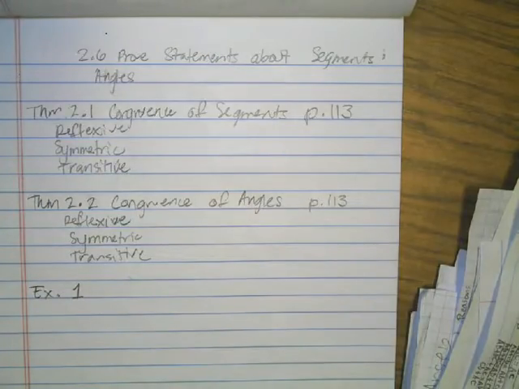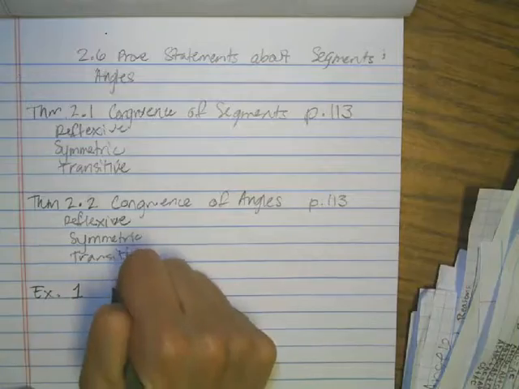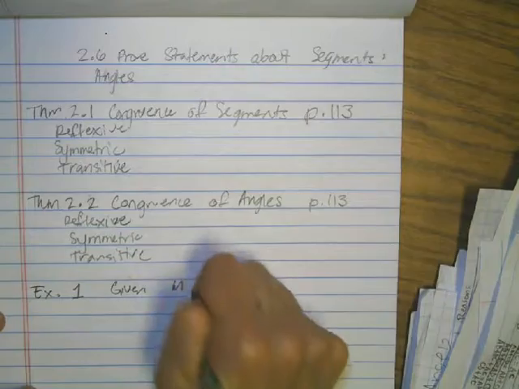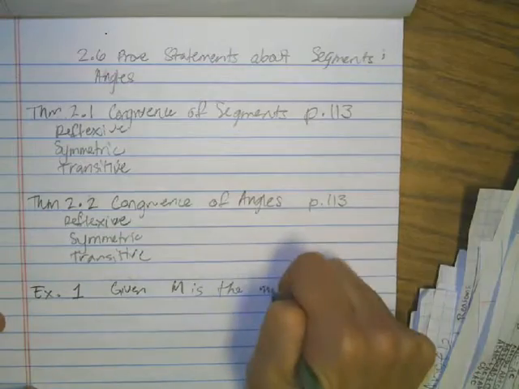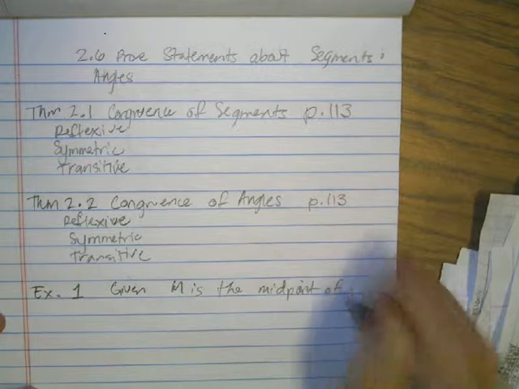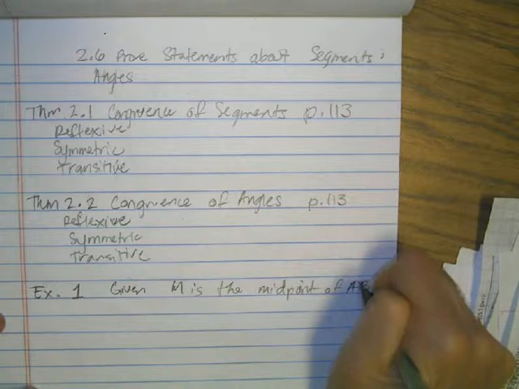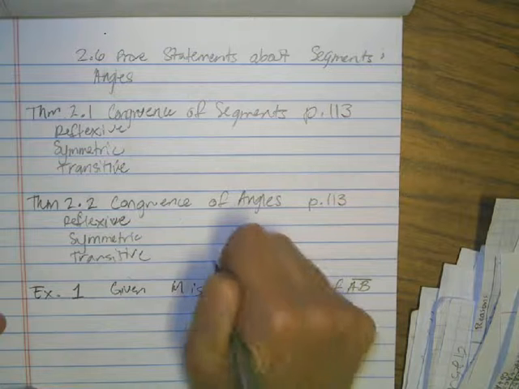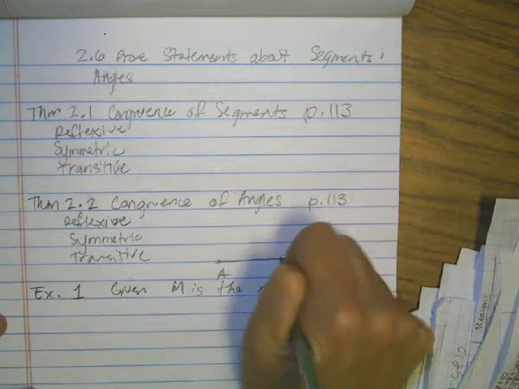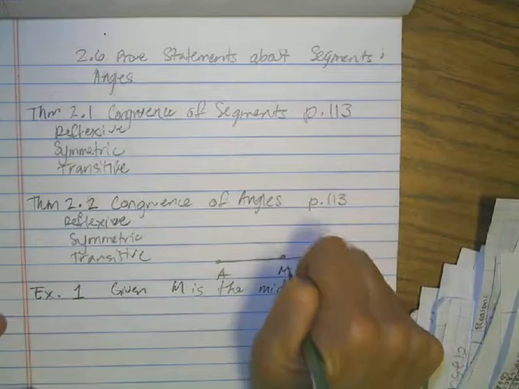Alright, so here's the example. Here's the given. M is the midpoint of AB. And they give you a picture. Okay?